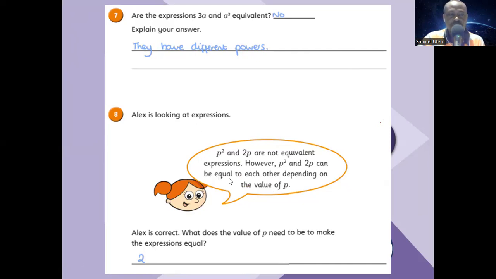Alex is looking at expressions. Here, Alex says p squared and 2p are not equivalent expressions. However, p squared and 2p can be equal to each other depending on the value of p. Alex is correct, though, but what does the value of p need to be to make the expressions equal?